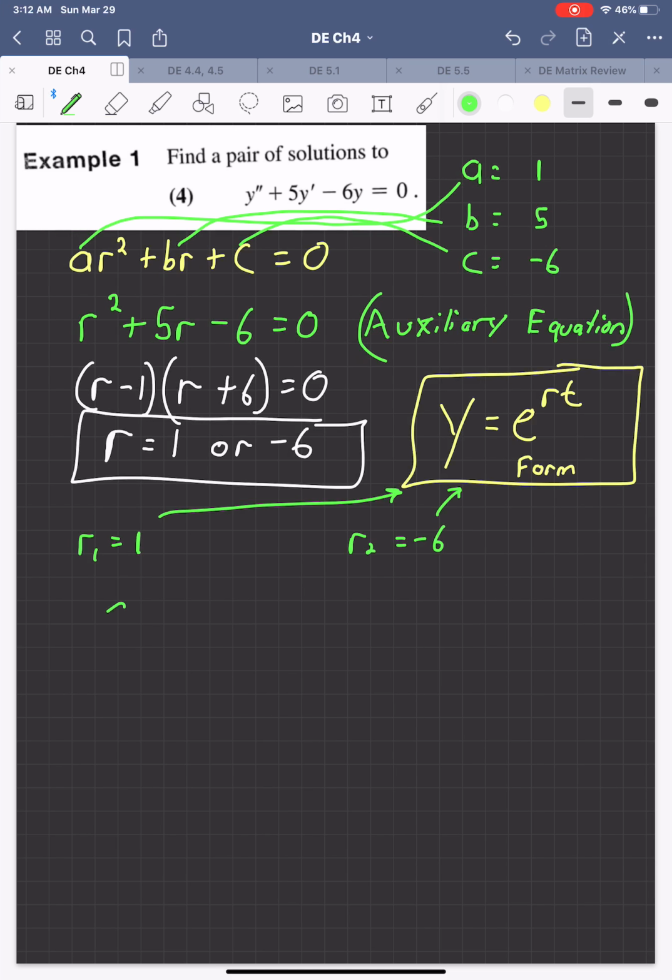We would have e to the power of t, and we would have e to the power of -6t.